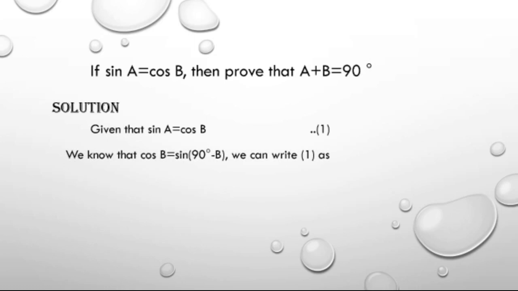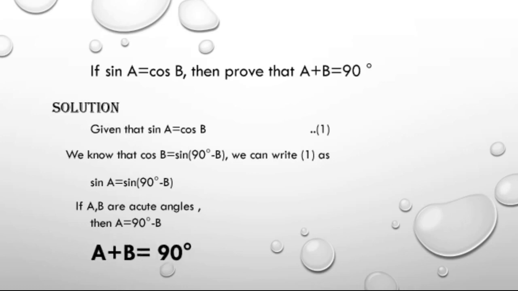So we can write sin A equal to sin(90 minus B). If A, B are acute angles, then A equal to 90 minus B. If we transpose B, A plus B equal to 90 degrees.